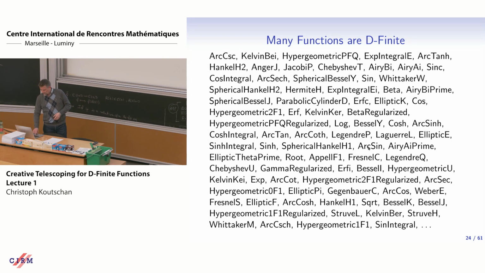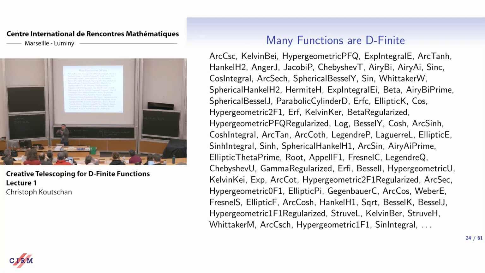So you see Airy functions, Bessel functions. Here is the hypergeometric function. Actually, here's the 2F1, and then you can generalize these to pFq, and all of them are D-finite. So really many functions that you meet in physics, in many branches of mathematics, fall into this class. Of course, not everything, as we will see, but many things.